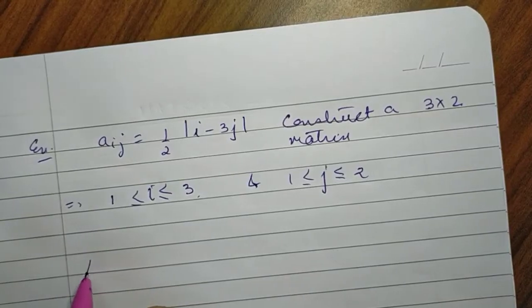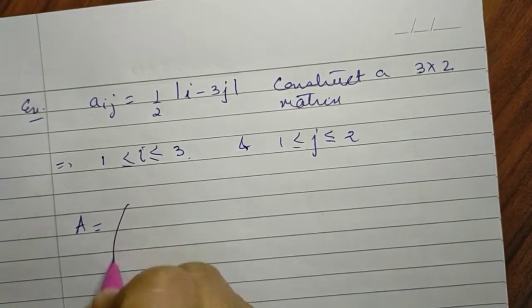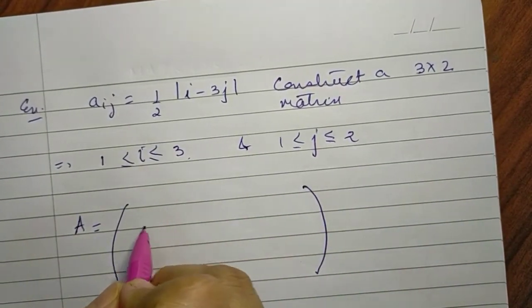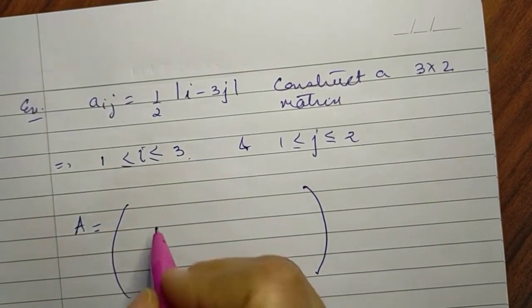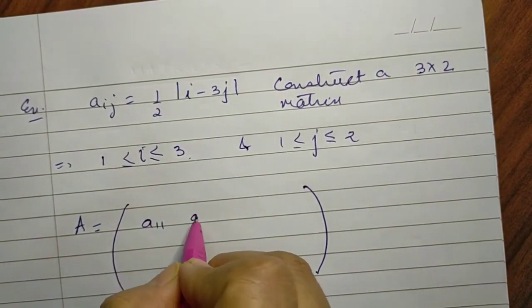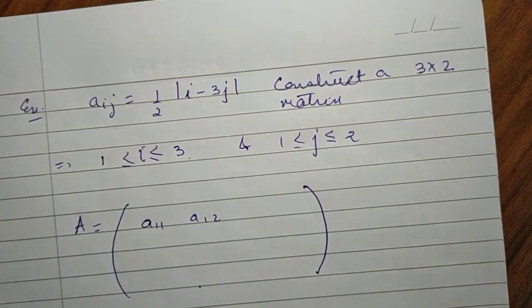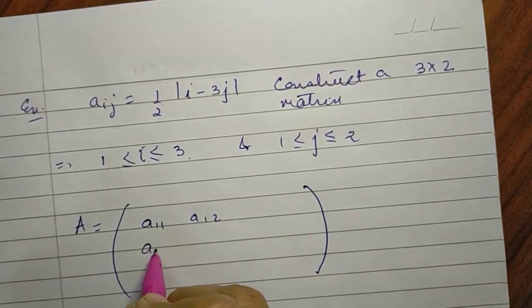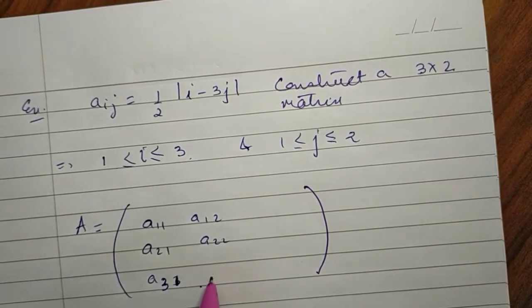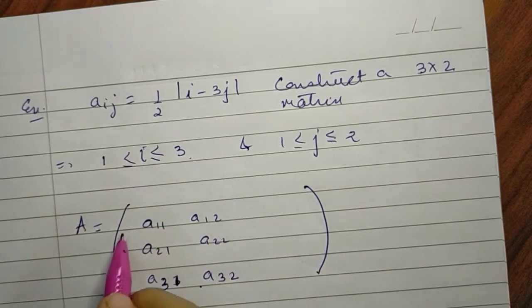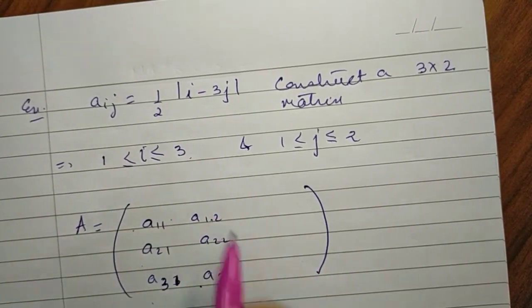So first of all, let's write it as A, and the positions would be: 3 rows and 2 columns, so 3 horizontal lines. a11, a12, there are only 2 columns. Then a21, a22, and a31, a32. There are 3 rows and 2 columns.